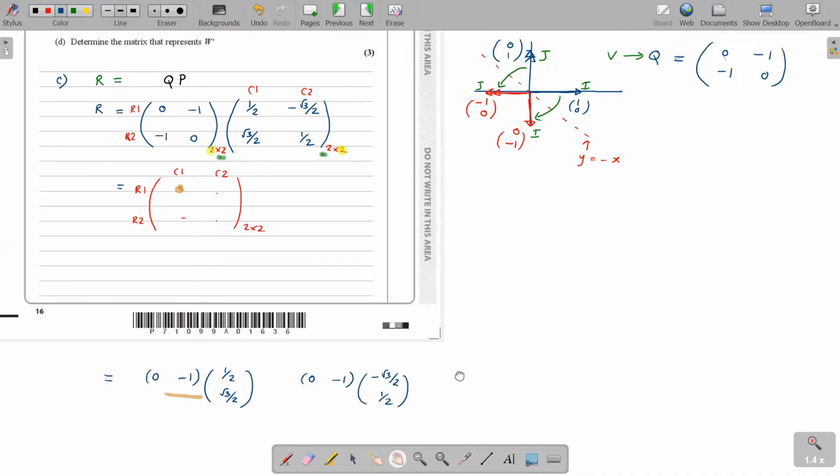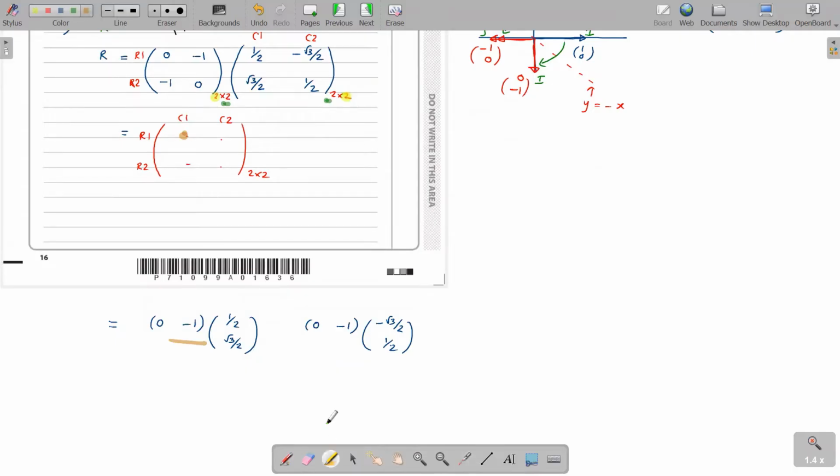Are you with me? The third element you get by multiplying row 2 and column 1. Row 2 is -1, 0, with column 1, 1/2, √3/2. Do you follow me? The last element is found by multiplying row 2 with column 2. Row 2 is -1, 0. Column 2 is -√3/2 and 1/2.